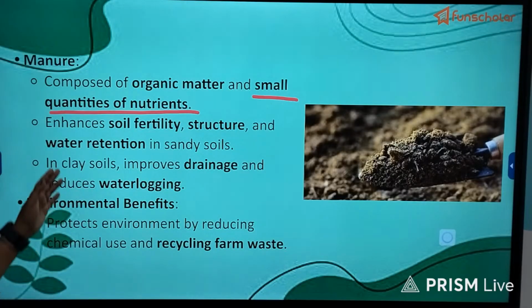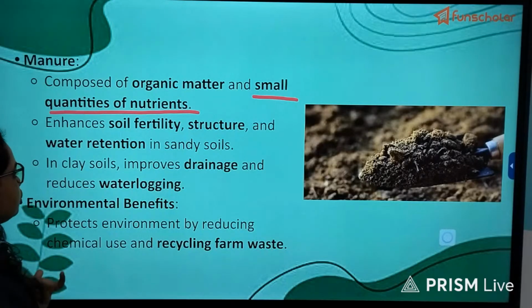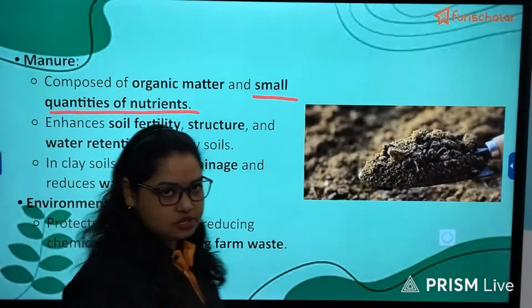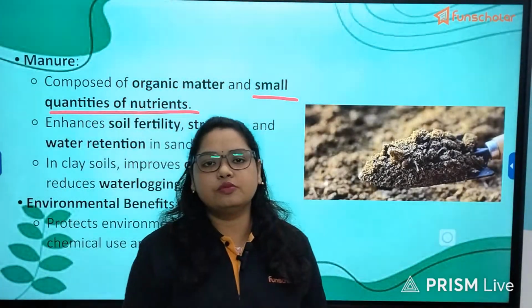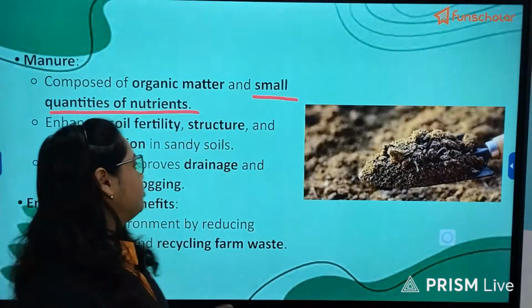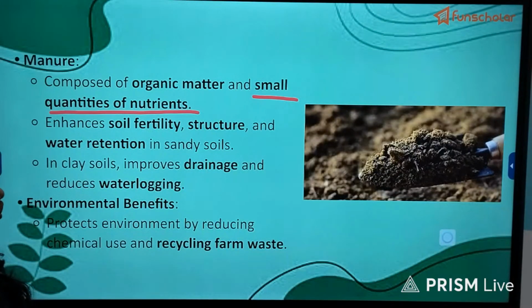But it enhances soil fertility, improves the texture and structure of the soil, and water retention, and it also improves the aeration in the soil, so that the roots of the crop plants can breathe properly.